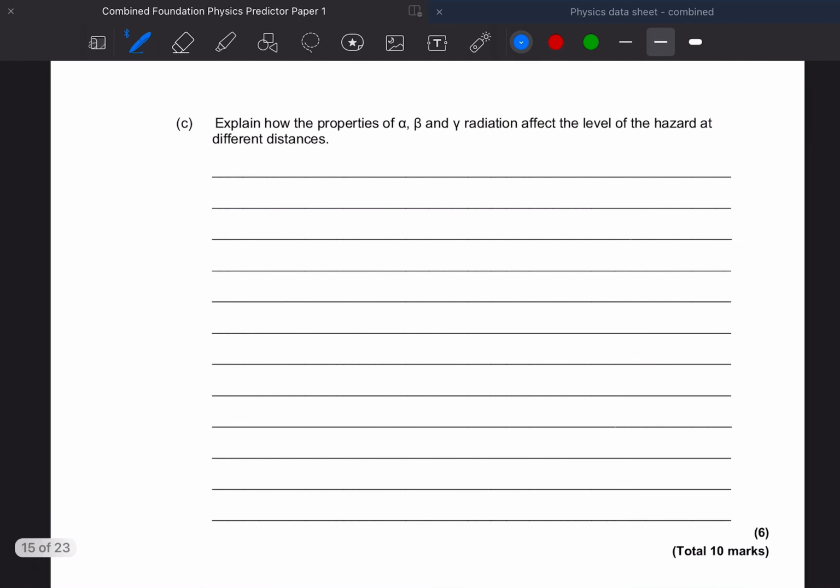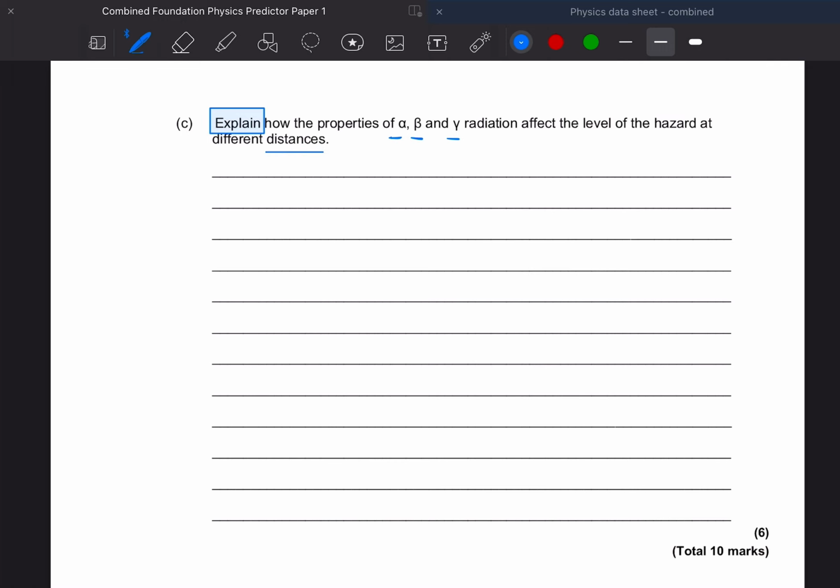Okay. C, and this is the last thing we have to do on the paper. It is worth 6 marks. So it's another long answer question, so we need to have a plan. Explain, again, so we have to say why. Explain how the properties of alpha, beta, and gamma radiation affect the level of hazard at different distances.